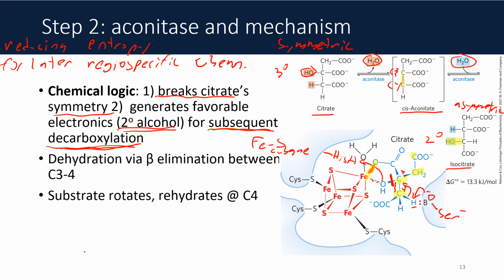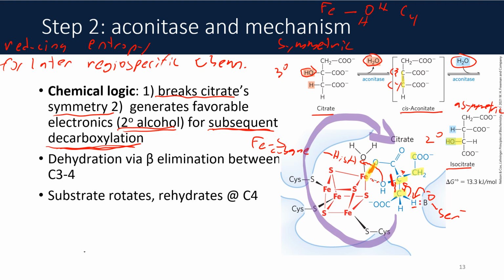So that molecule, that cis-aconitate intermediate, is free to swivel 180 degrees. It's going to rotate like so, turn all the way around, and this is where things get kind of messy, so I'll try to clarify up over here. We will have our iron bound to the water, and that is going to now be next to C4.